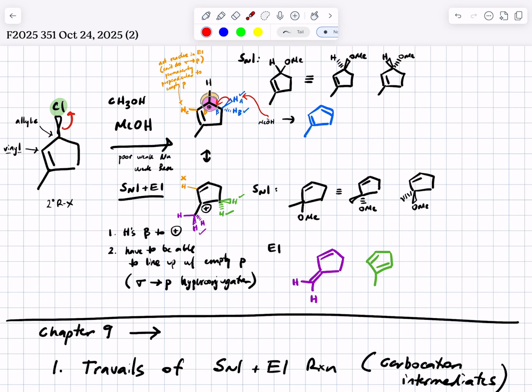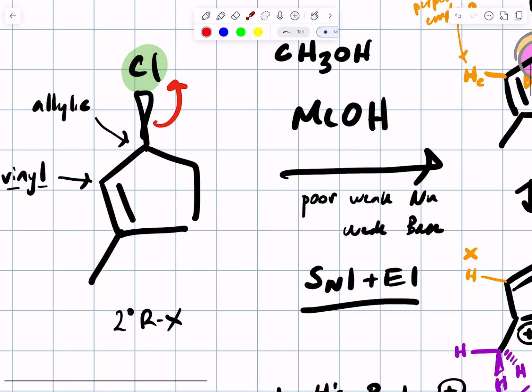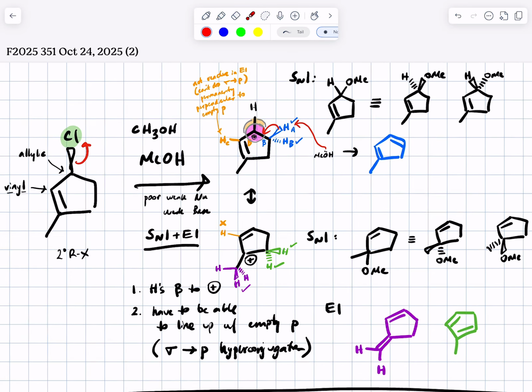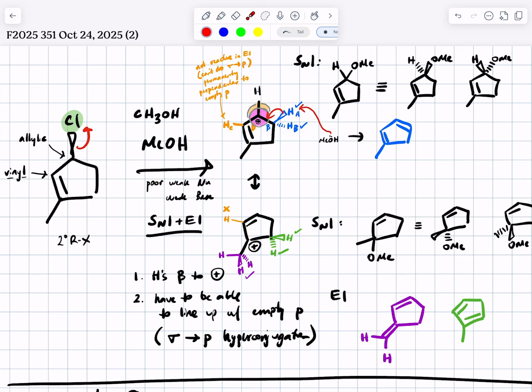And another way of saying this is chiral starting materials are really expensive. So it would be the most boneheaded thing you could do to buy this chiral starting material and then say, I want to do an SN1 and E1 reaction on this. That is a waste of hundreds of dollars because you go through an intermediate that's not chiral.